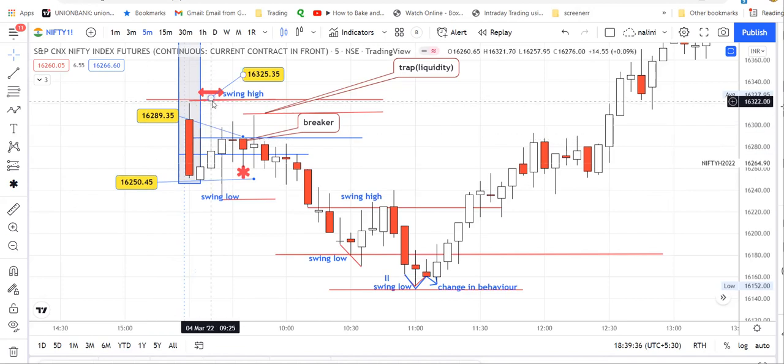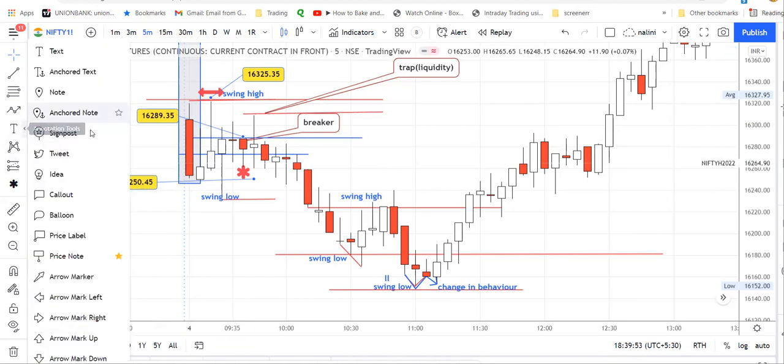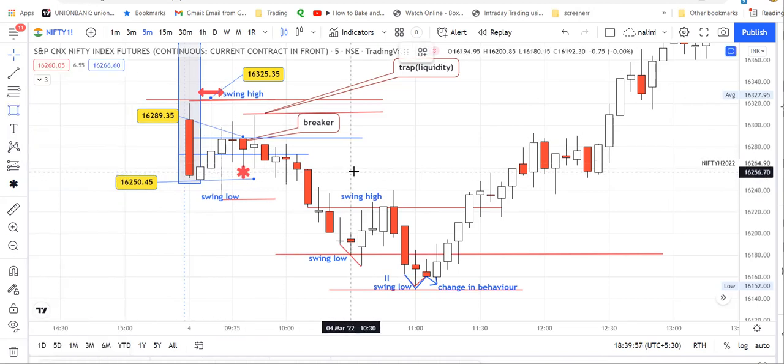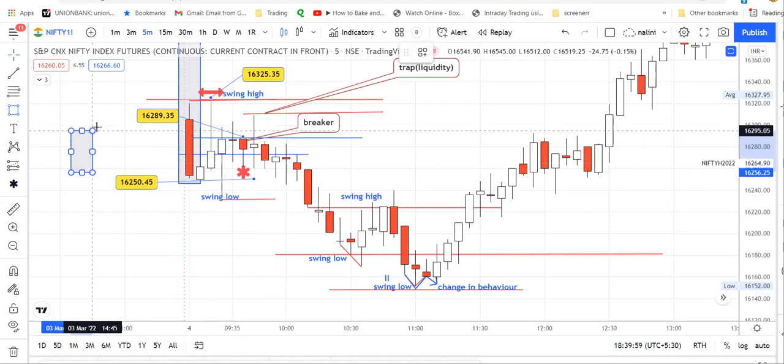So you can see a candle over here making a higher high. If you see the high of this green candle in a live market, it is a beautiful big bullish candle like this.